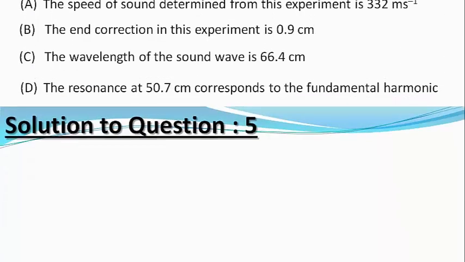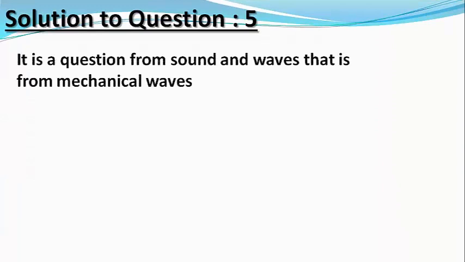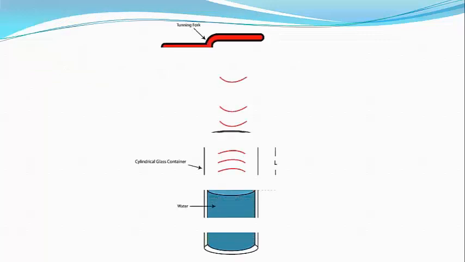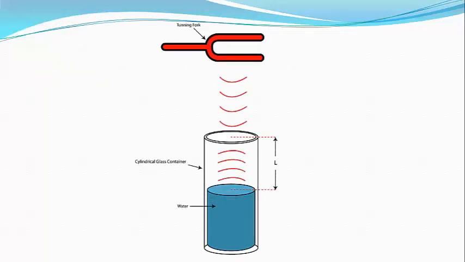This is a nice problem from sound and waves and hence from mechanical waves and may have one or more than one statements correct. Let us now try to solve this question. This is a problem based on an air column that is closed at one end and open at the other end and is known as the closed pipe.